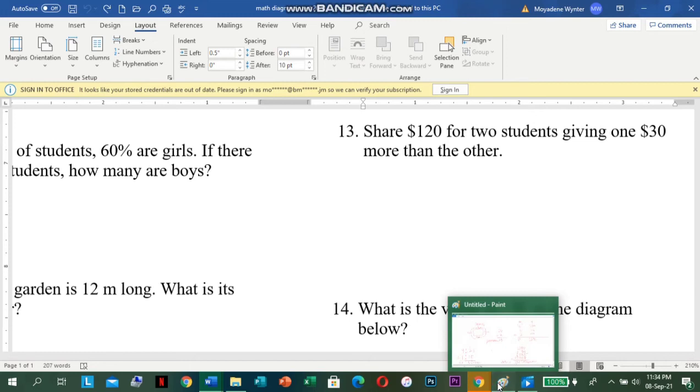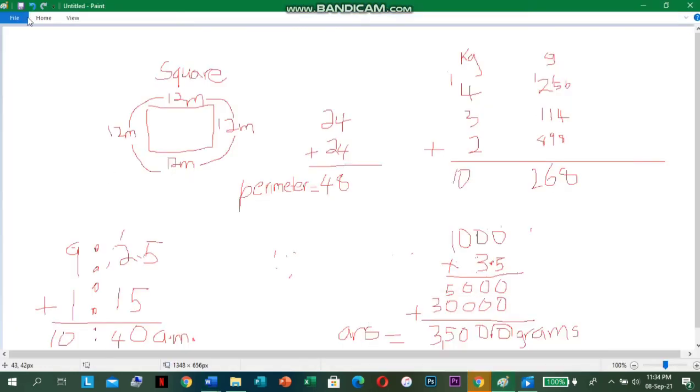All right, so let me clean off my board. So we have $120, and we want to share this $120 for two students, giving one $30 more than the other.